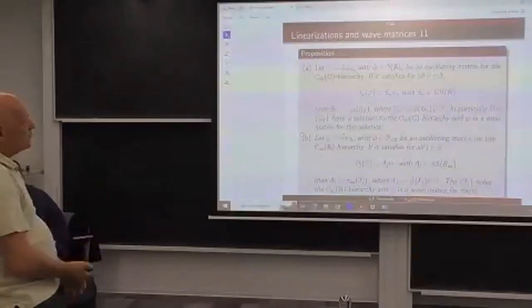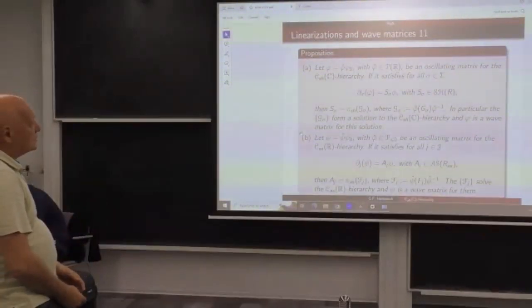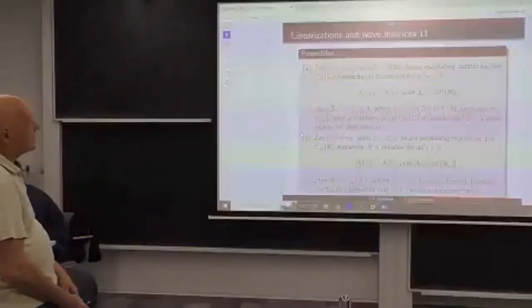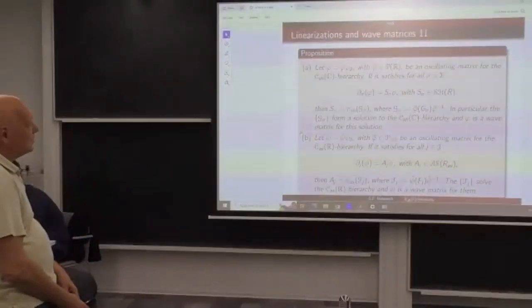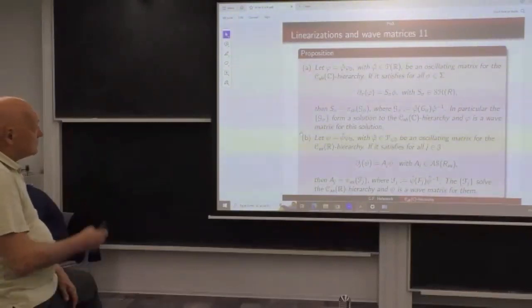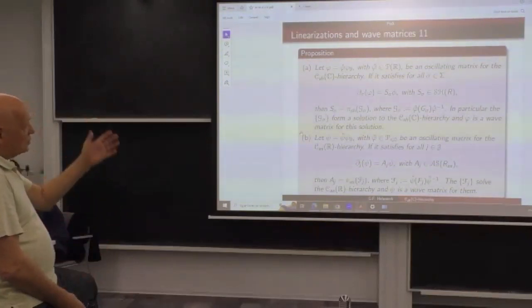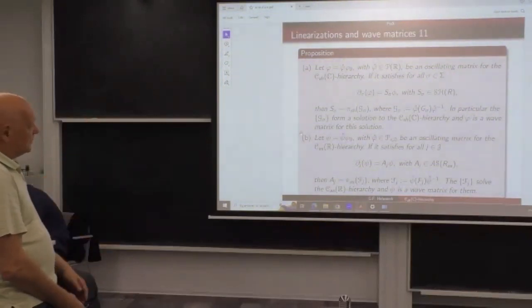Suppose you have phi hat in the group calligraphic P minus R, so it is an element of the right form.